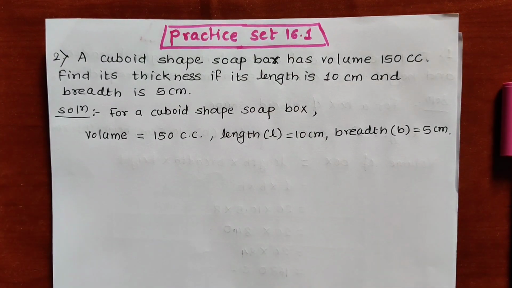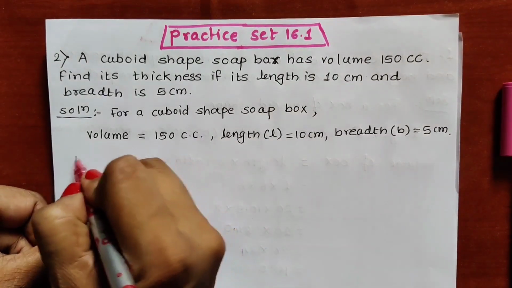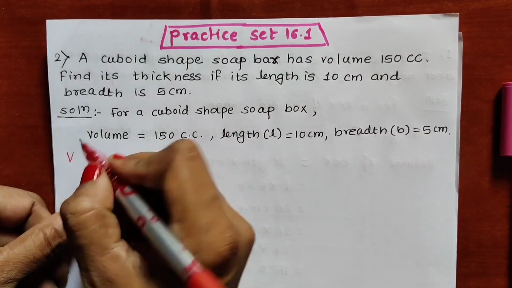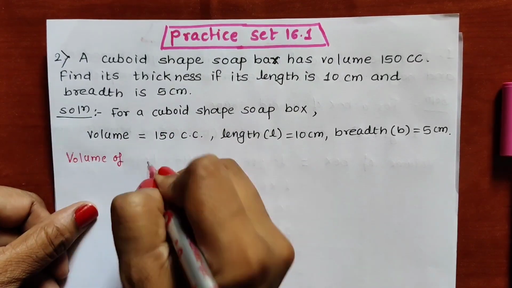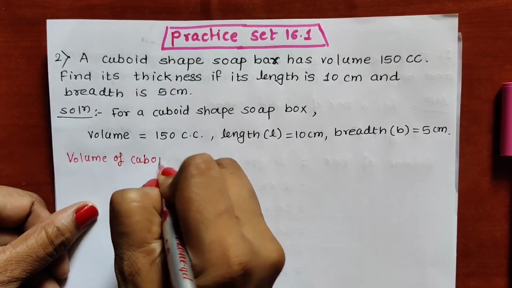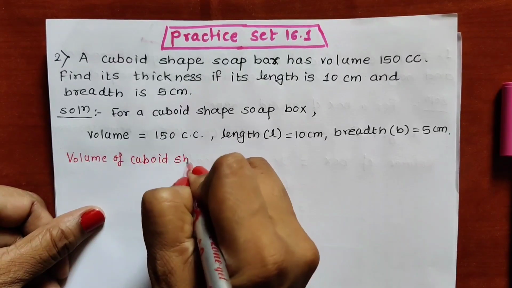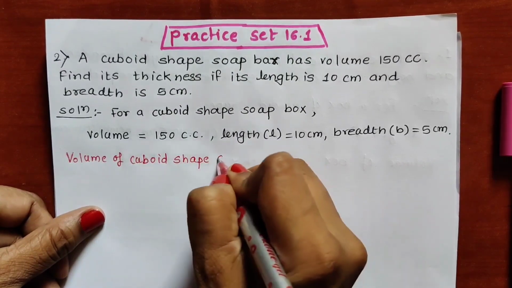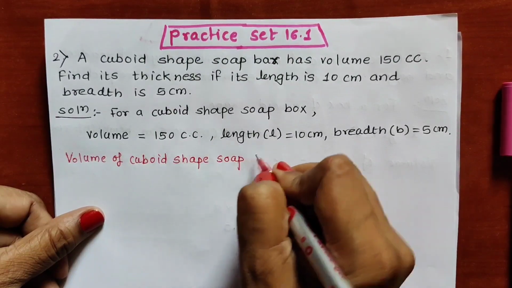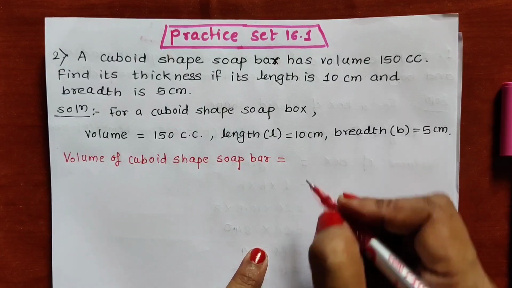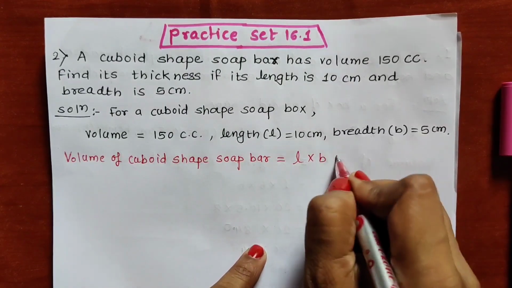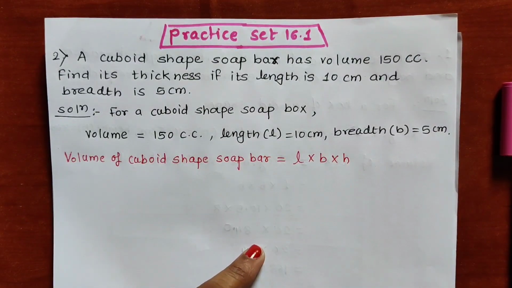As volume is given, we will be applying the same formula for volume of cuboid shaped soap box. Volume of cuboid shaped soap bar is equal to L into B into H, length into breadth into height.